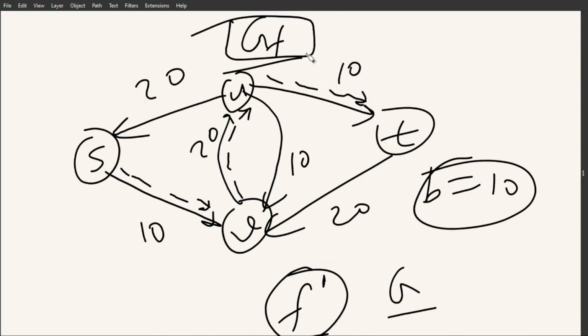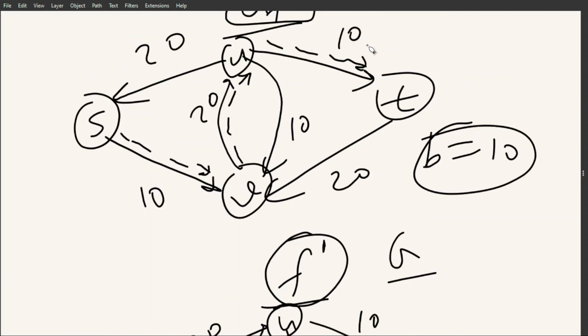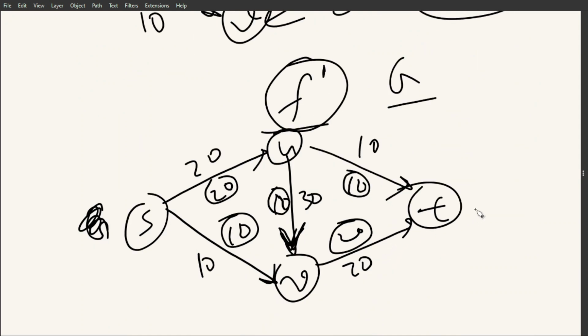Again, here its capacity is 10. So we can increase by a maximum amount of 10. So we have increased. So this is a new flow. Call it F prime. Now for F prime, again we recompute the residual graph GF prime.